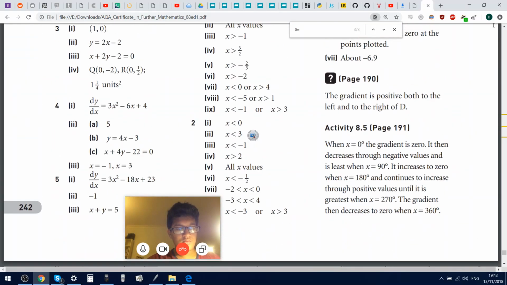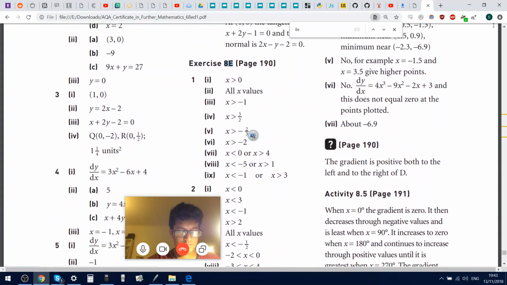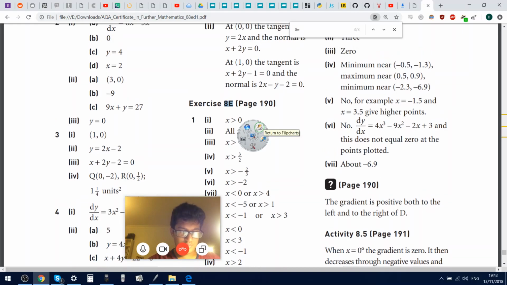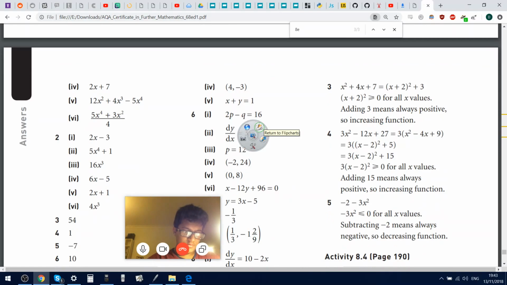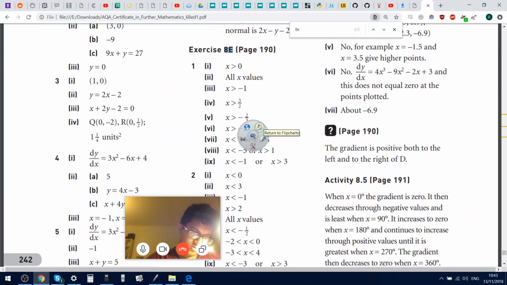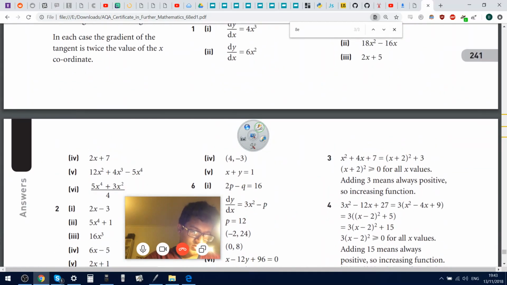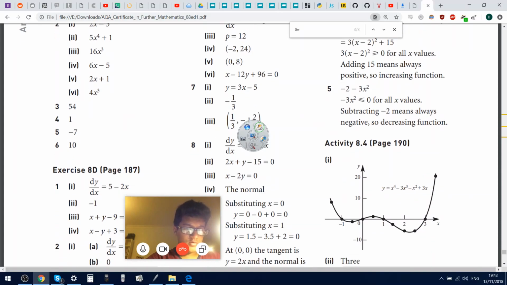Page 194, 190. Oh, that's activity. The answers just don't seem to match up with the question even slightly.